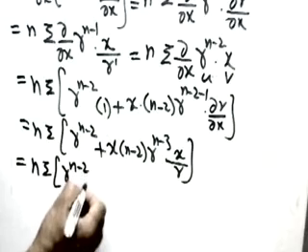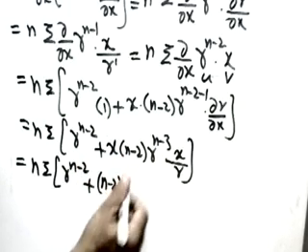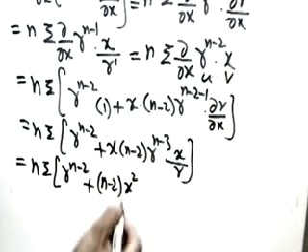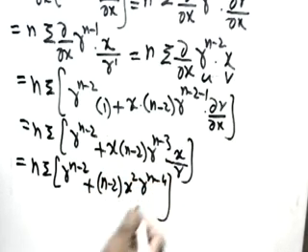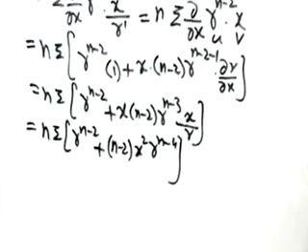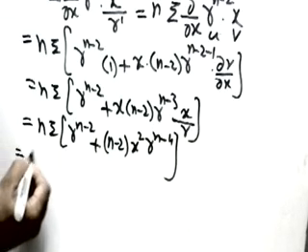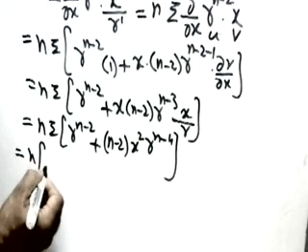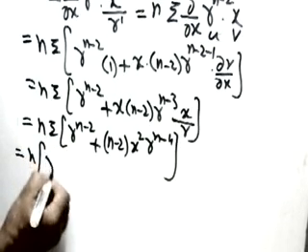So n into sigma r power n minus 2 plus n minus 2, x into x is x square, r power n minus 4. Now let me expand this sigma. If we expand this sigma, we get 3 terms. You write this n as it is. Now the first term will be the same as this one.